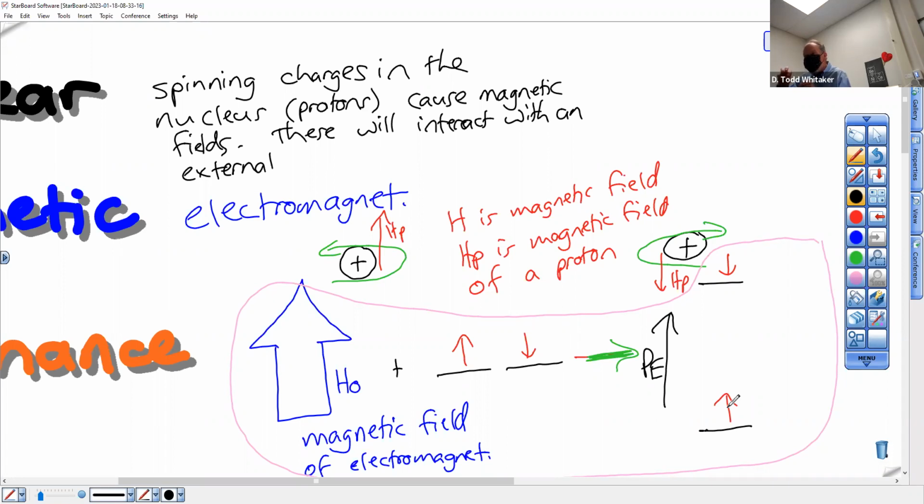You got to turn on the right frequency. And as soon as you have the right frequency, it starts absorbing the energy, and it goes from this state to this state. The important thing is to absorb that energy. So you have that energy going into the machine, and you have a detector on the outside, and it's not coming out. Why? Because it got absorbed by that hydrogen that has that right frequency.